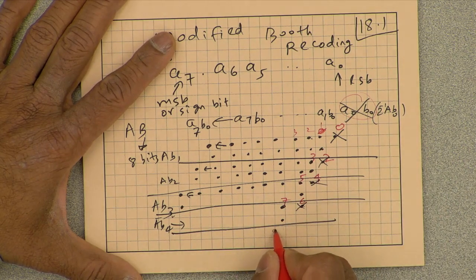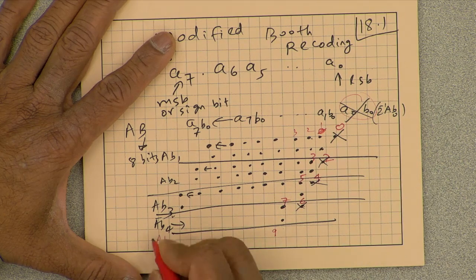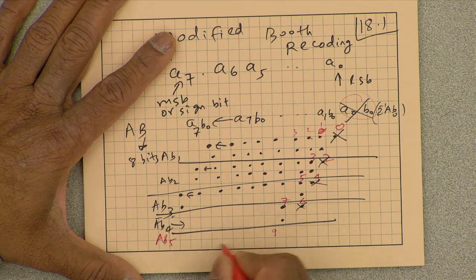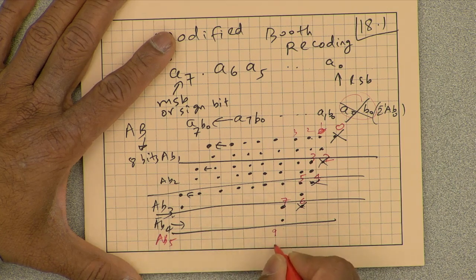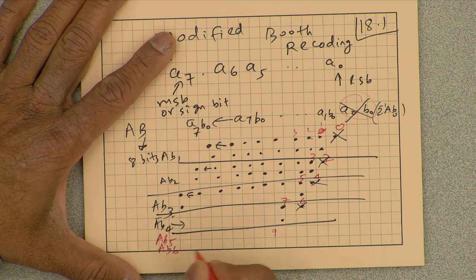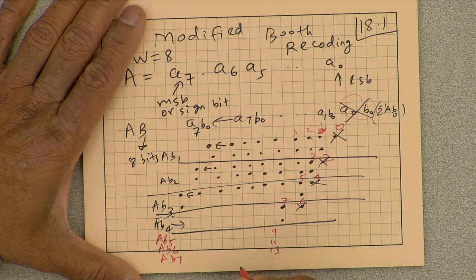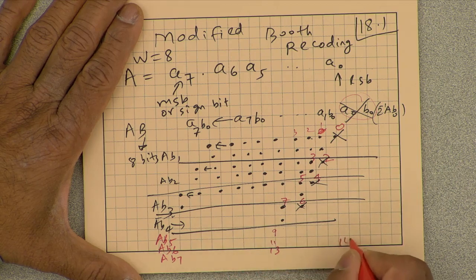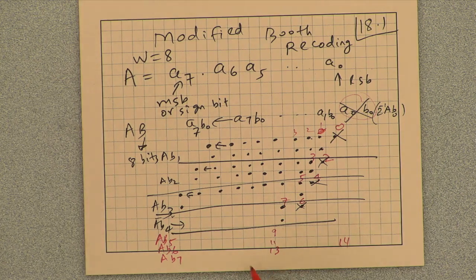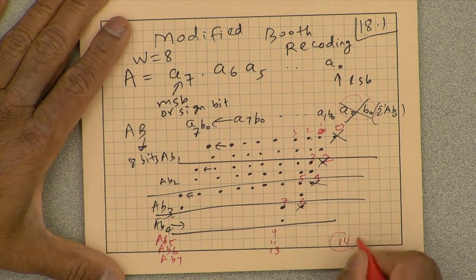So this is 8, and then 9, AB5 can begin at 9. AB6 can begin at 11, AB7 can begin at 13, and the final result will be available at 14. So that's the latency.